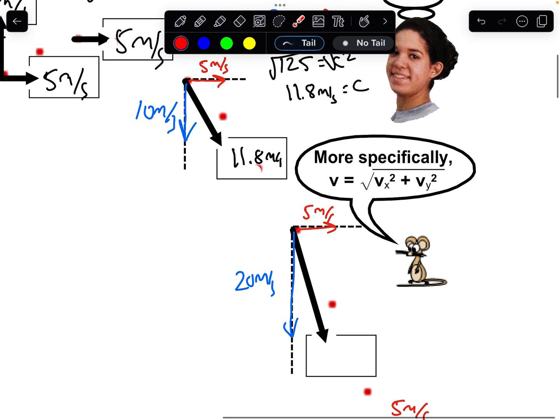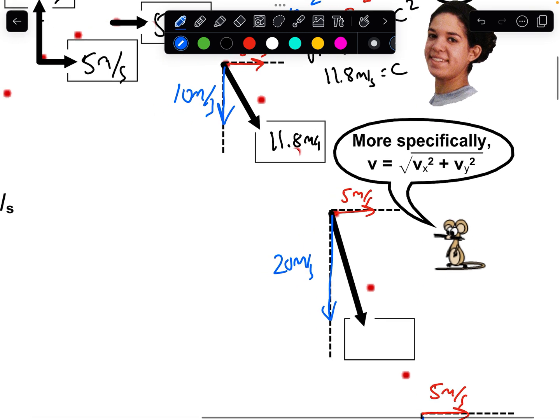We can go ahead and do the same thing here. We'll do it for 20 meters per second of vertical velocity plus 5 meters per second of horizontal, and that will give us our hypotenuse. A squared plus B squared equals C squared. So we're looking at 20 squared, which is 400, 5 squared, which is 25.